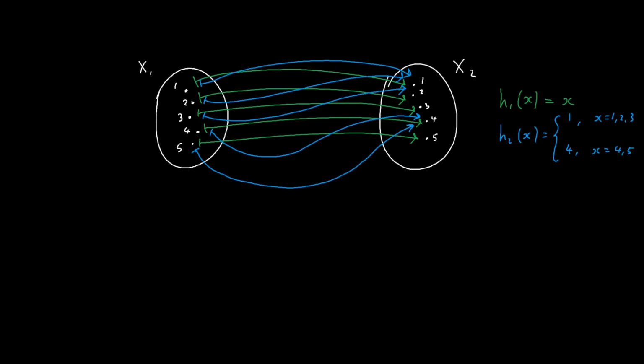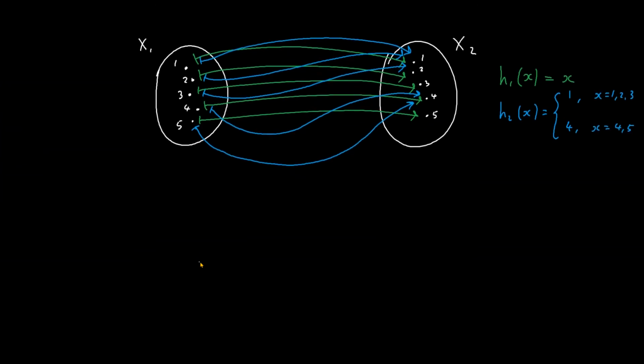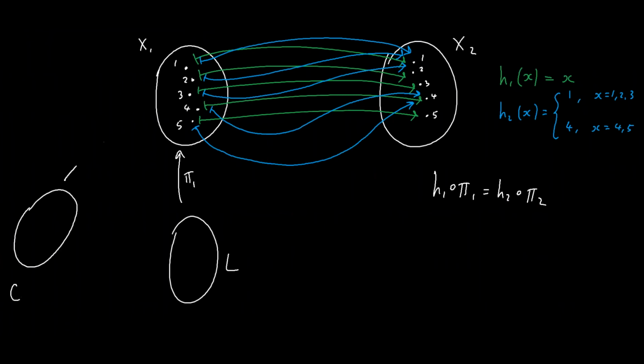Okay, now I want a third set L with a function going to x1, pi1, such that h1 composed with pi1 will equal h2 composed with pi2, and such that it will have the property that if I have another set, let's say C, with some function f1, having the same property, that h1 composed with f1 equals h2 composed with f2, then I will want a unique f bar here going from C to L such that basically this triangle commutes.